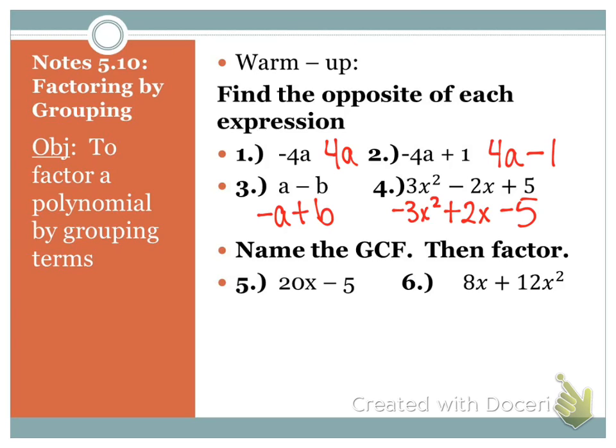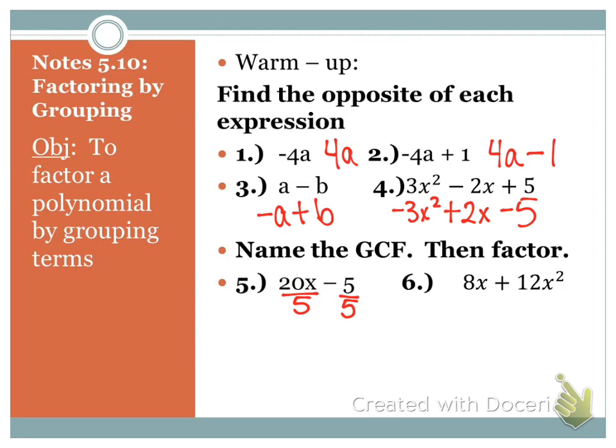All right, on 5 and 6, these should be familiar to us. We have to find the GCF and factor it. So on number 5, can anybody tell me what the GCF is? Ryan? 5, I would agree. That's the biggest number that will divide into both of those terms.